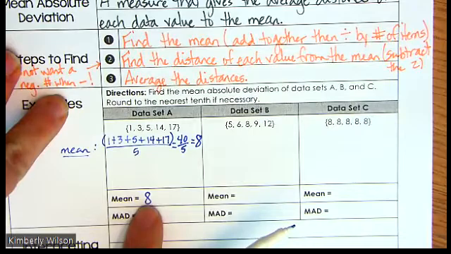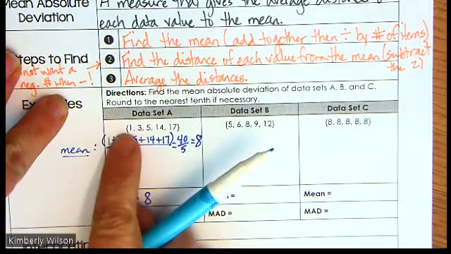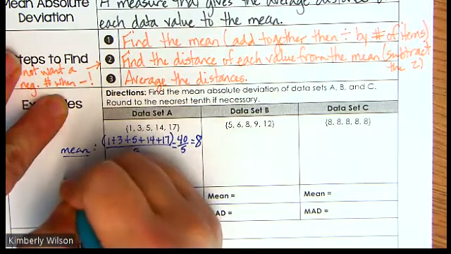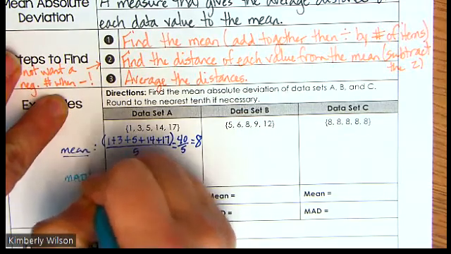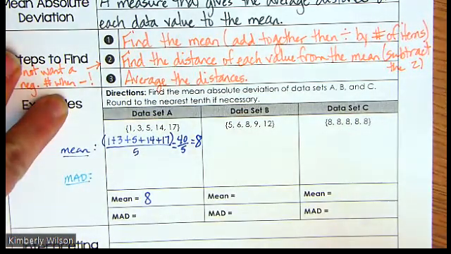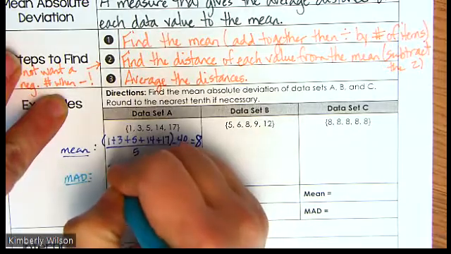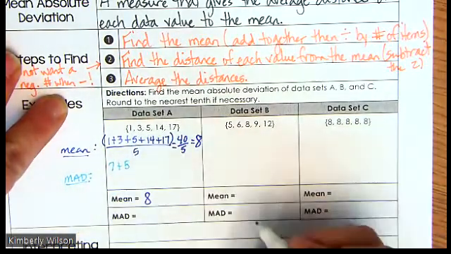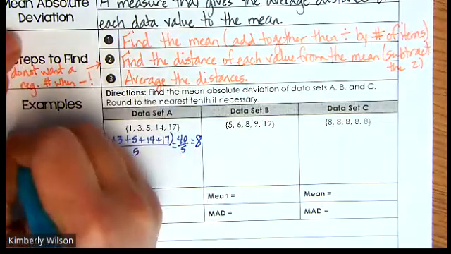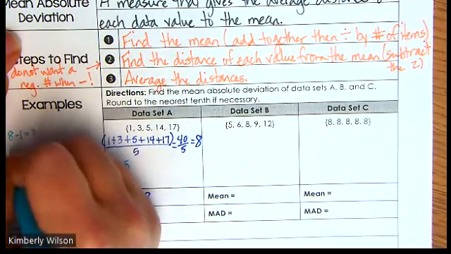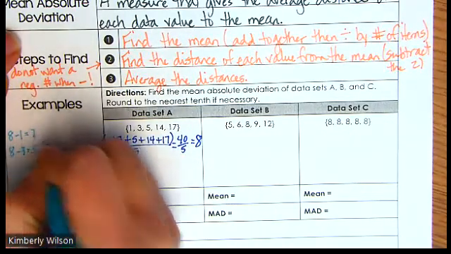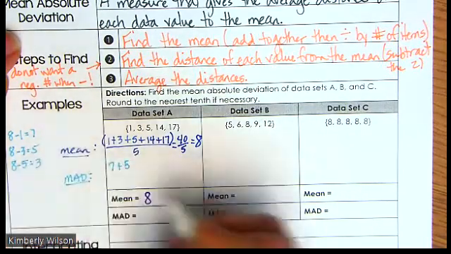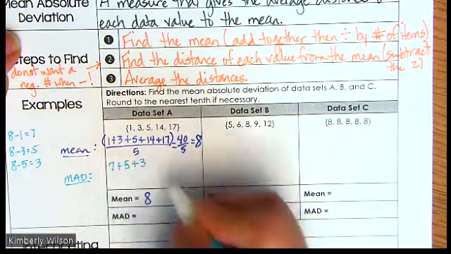So I'm going to be doing 8 minus 1, so now we're starting to calculate the MAD. 8 minus 1 gave me 7. 8 minus 3 gave me 5. 8 minus 5 gives me 3.